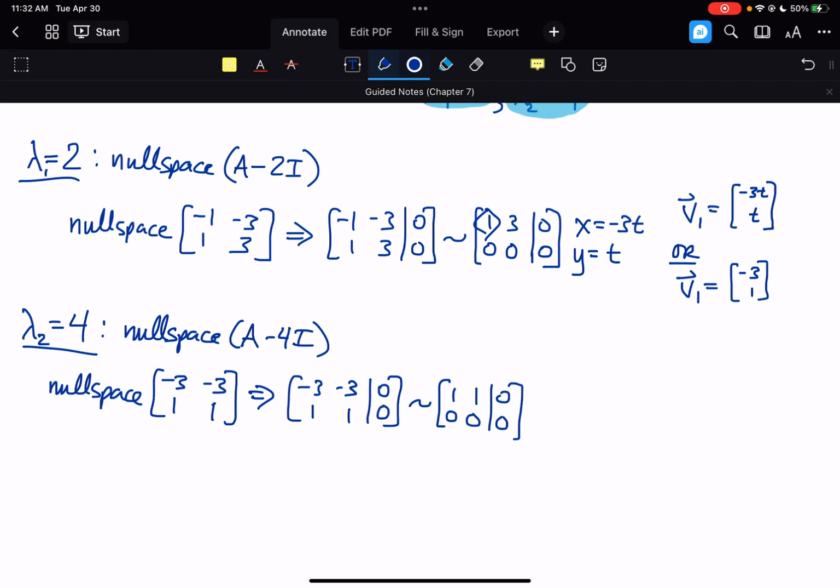And of course, that gives us this matrix, which gives us y equals r, so another free variable, and x will be negative r. So v2 is negative r with r, or just negative 1 and 1.